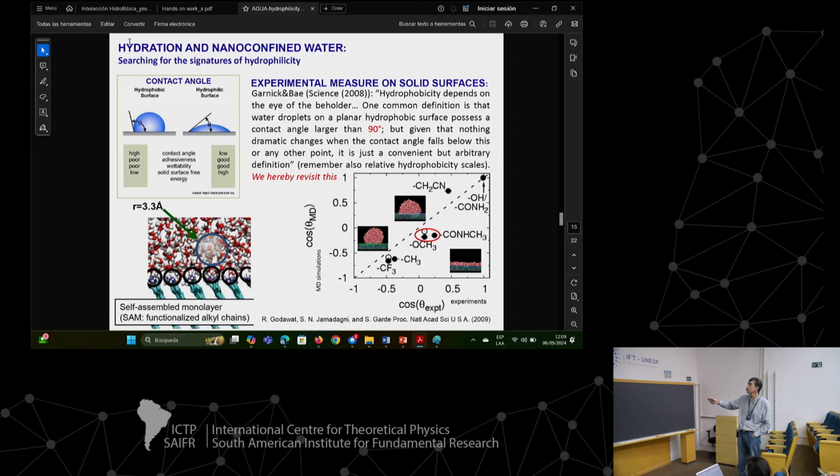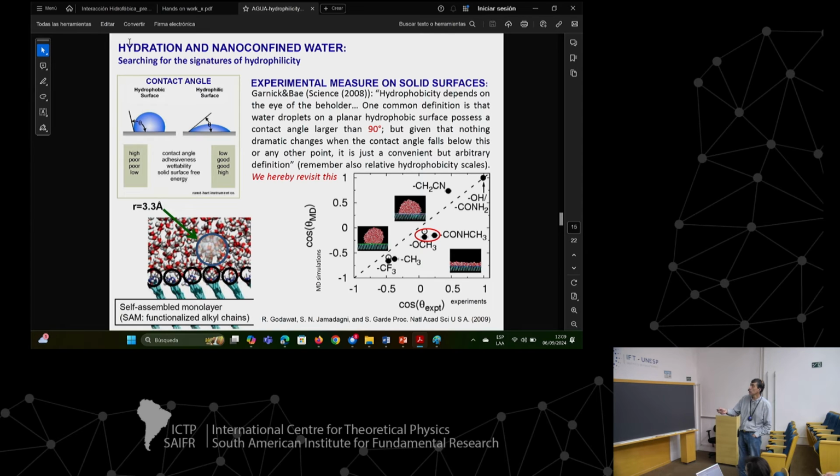These are very hydrophilic, hydroxyl here, and they have a battery of different situations. And you find the behavior is nice, it's linear here, but you have some discrepancies. See, for example, everything above 0 would be classified as hydrophobic. 0 would be higher than 90 degrees.